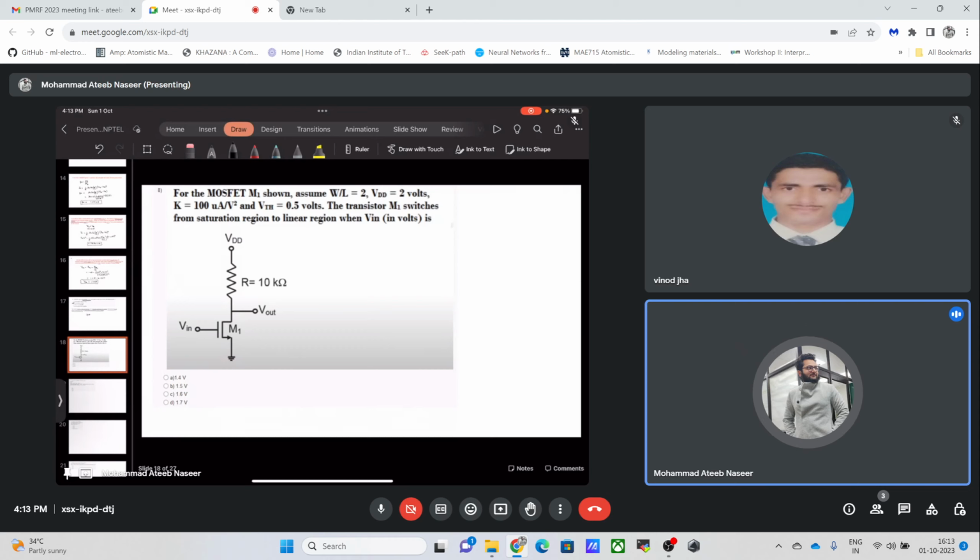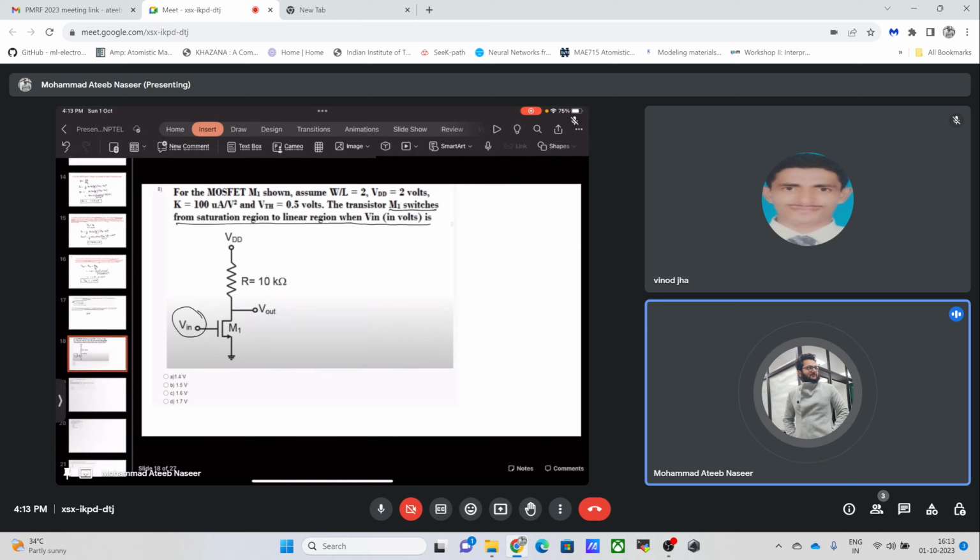The transistor M1 switches from the saturation to the linear region when Vin is what? So we need to find the value of this input voltage for which the transistor switches from the saturation to the linear region.